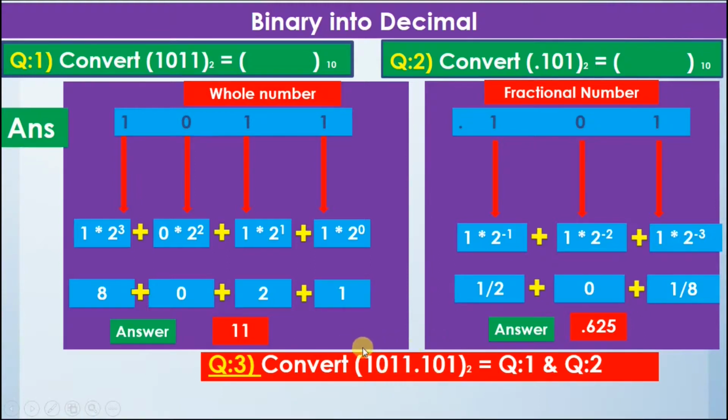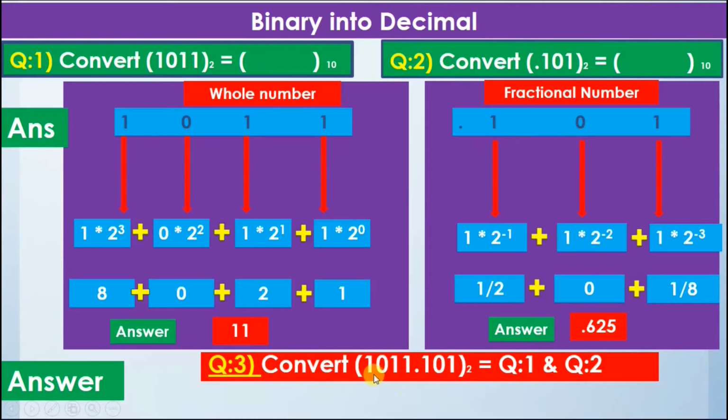We will solve the whole part using the first procedure and the fractional part using the second procedure, in which we use the negative powers of 2. Finally we will combine them. 1011 is solved using the first procedure and its answer is 11, and 0.101 is solved using the second procedure and the answer is 0.625.